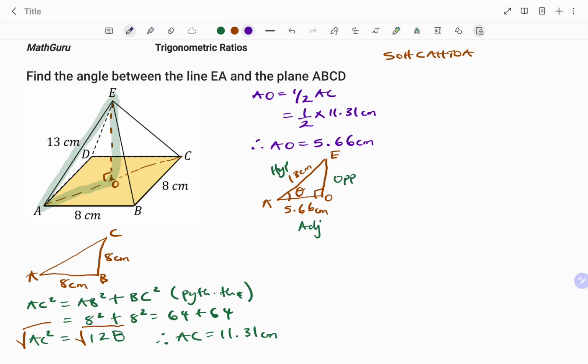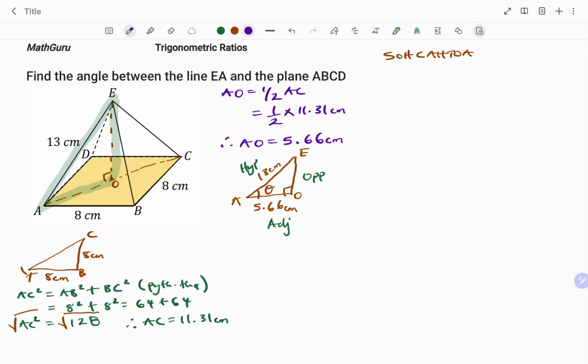So my cos theta equals my adjacent over my hypotenuse, which in this case will be 5.66 divided by the hypotenuse, which is 13 centimeters. Therefore, to find my theta, I'm going to move my cos to the other side.